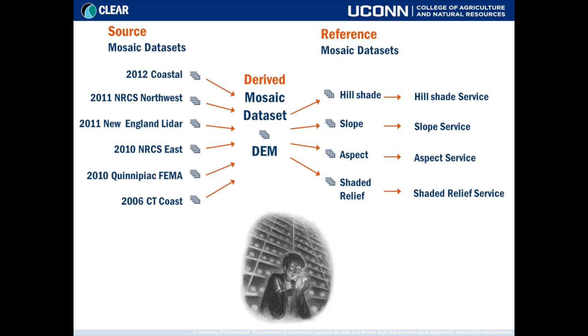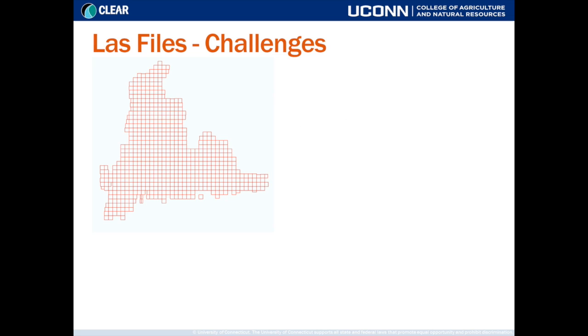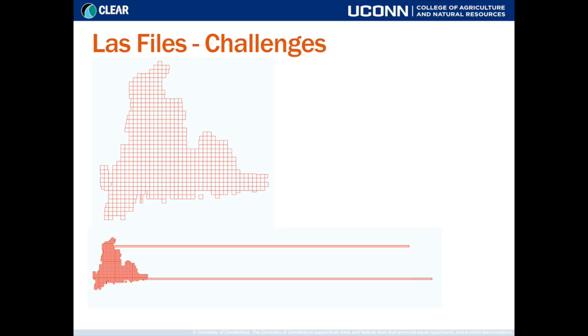So here's what we did. Each data set has its own mosaic data set, which allowed it to have different settings because of all the differences. There were some challenges. Here's the Quinnipiac footprints. Each of those is a last tile. And there were some problems when we first used that. We had some XY bounding problems.